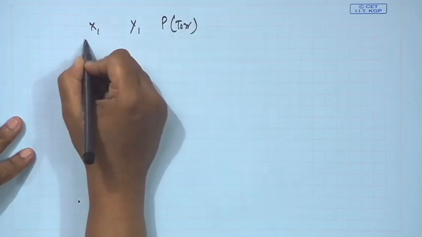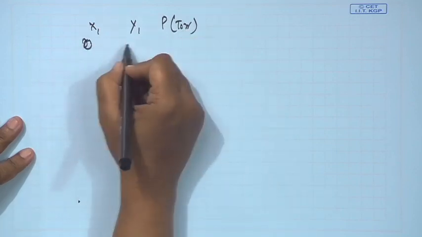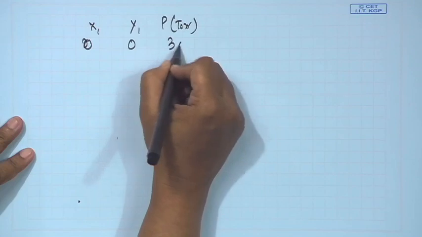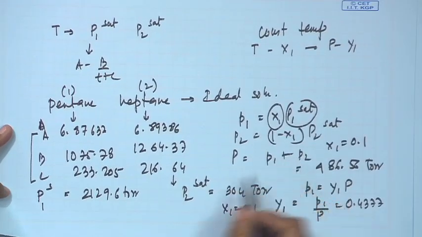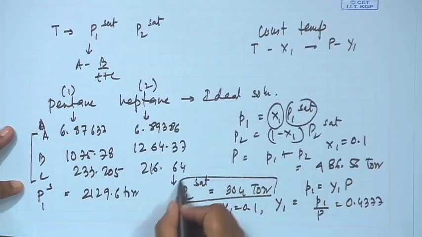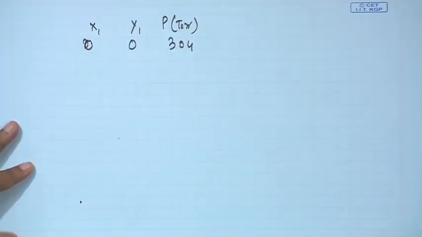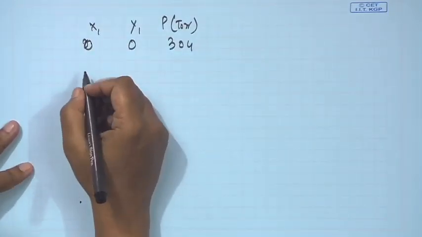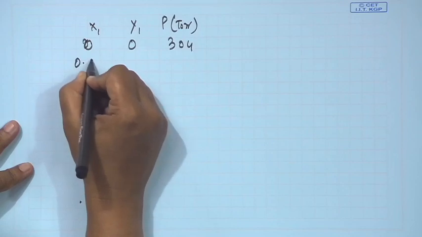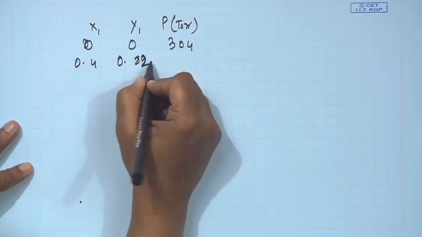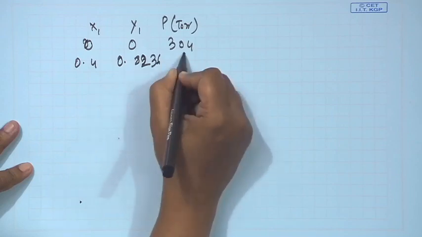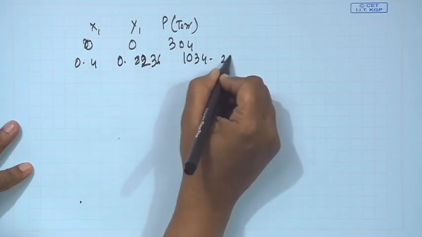We can do it, for example, when x1 is 0, y1 is 0 and P is 304 torr, which is the vapor pressure, if you note, P2 saturated, naturally when x1 equals 0. Then I will just give you a few representative values. For 0.4, y1 is 0.8236 and P is 1034.24.